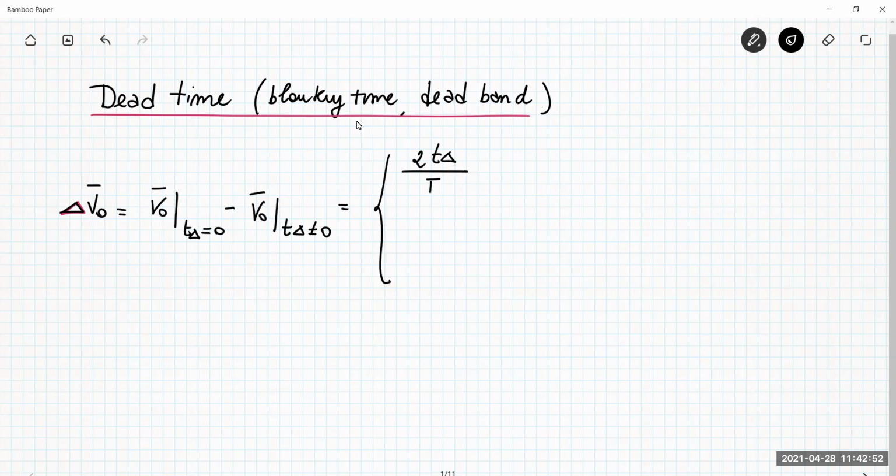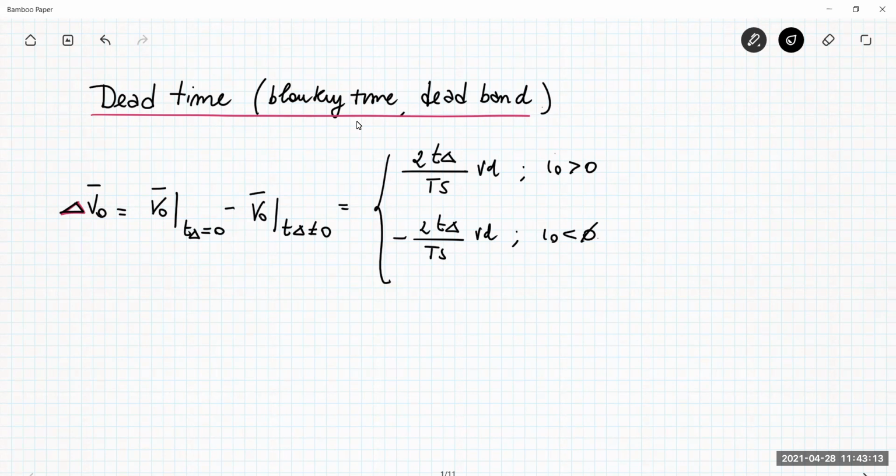Is 2 dsVd any time the current I naught is positive, and is negative 2 delta dsVd when the current is negative. Okay, this comes directly from our previous results that we fully derived for the half bridge.